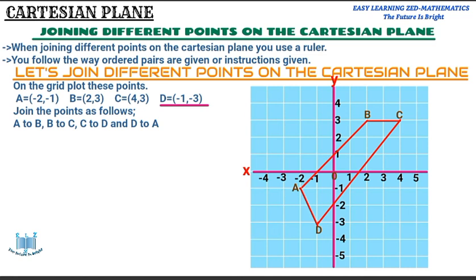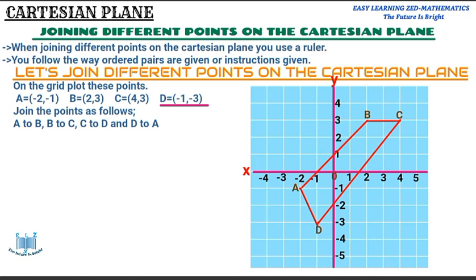But it's very important to follow the instructions, because in certain scenarios you are not going to join all the points, you just join the specific points you are being told in the instructions. So you need to pay attention to the instruction. Don't just draw the lines, because sometimes you'll be given many coordinates, then you come up with maybe 3 or 4 shapes.